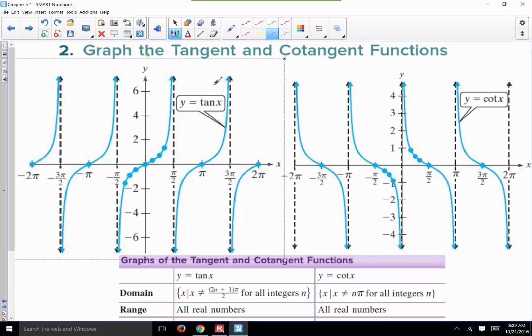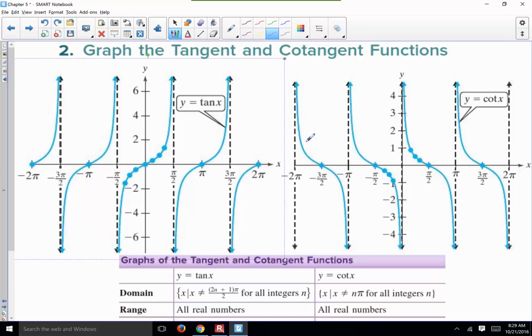So, graph of tangent. By the way, what is the period of tangent? The same picture frame keeps repeating over and over. In what time period does it happen? Is it 0 to 2π again? No, this time tangent and cotangent, those two only out of 6, have shorter periods.